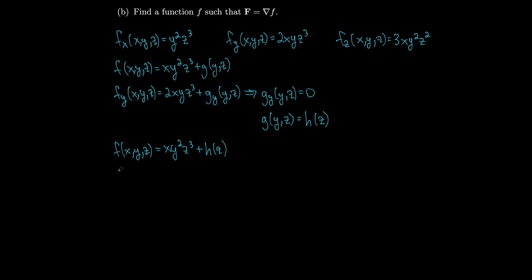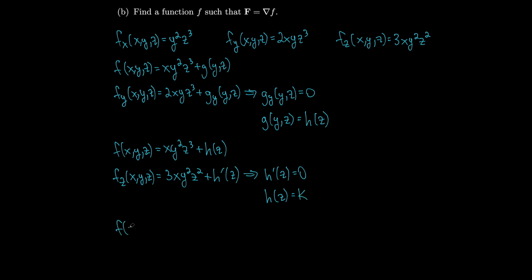So we'll take the partial with respect to z now, and we get 3xy squared z squared plus h prime of z. So we'll compare that with what we have for the partial with respect to z. We notice h prime of z has to be 0 then. So that means that h of z must be a constant when we anti-differentiate.